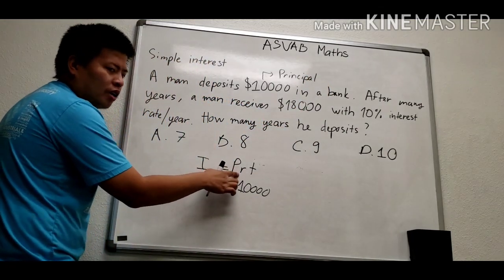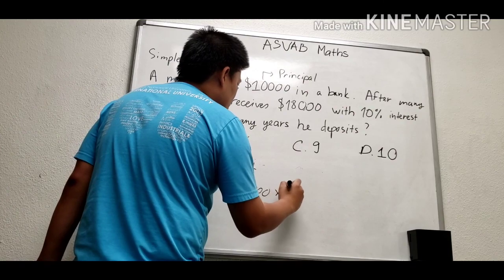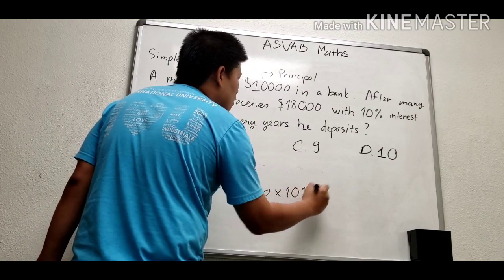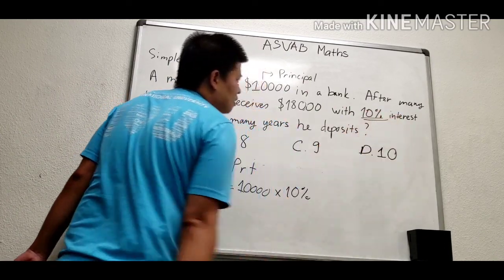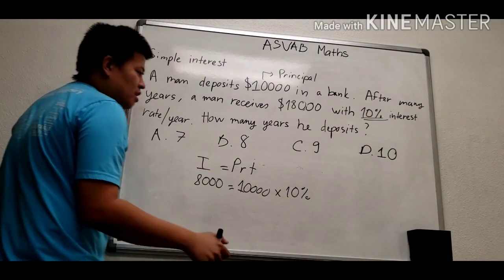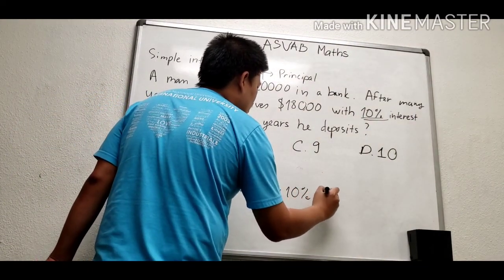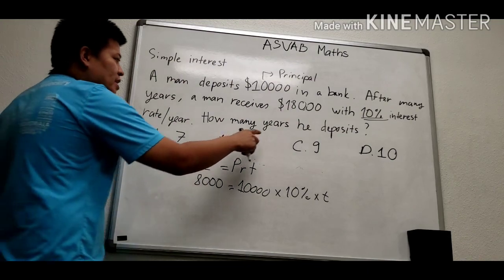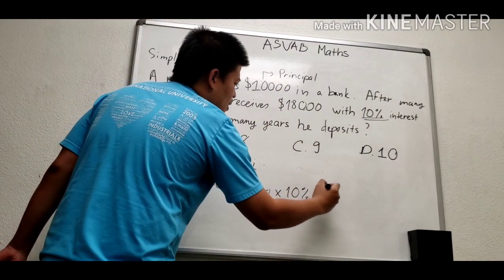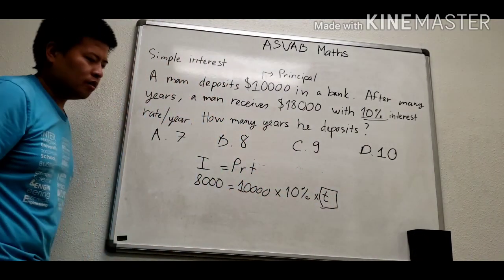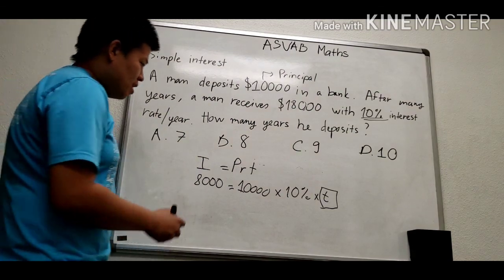We have the letter R in here, that's 10%. And we have T in here. The question asks how many years, so the question asks about T in here. So let's calculate the equation.